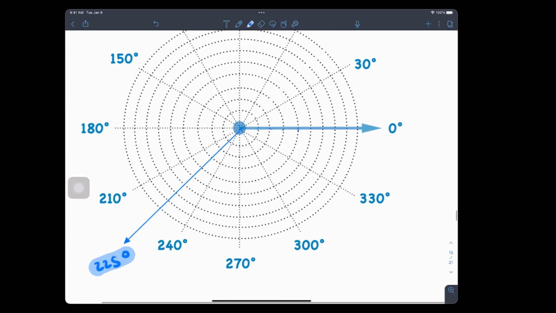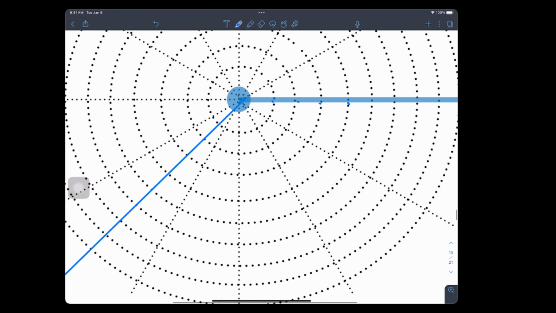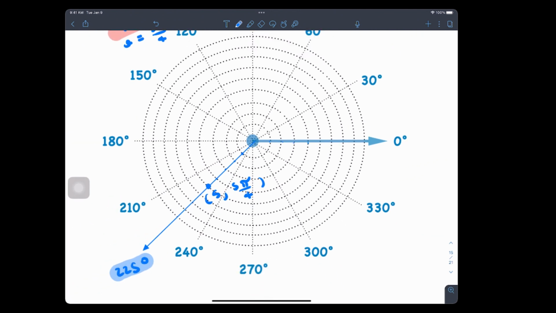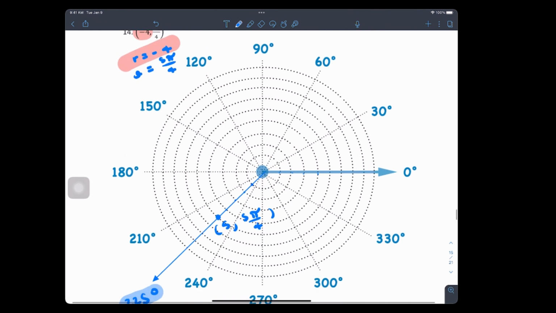But the radius was what? Oops, sorry, that's supposed to be 4. 1, 2, 3. This is right here. This is 4. Okay, but that's not the point they gave us.